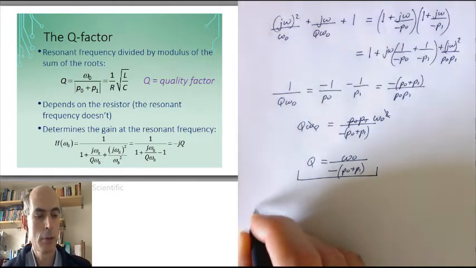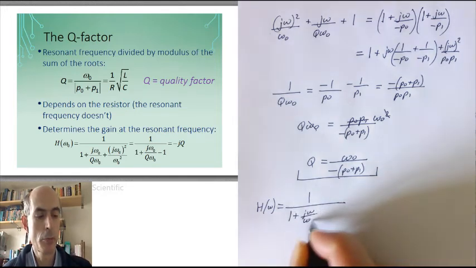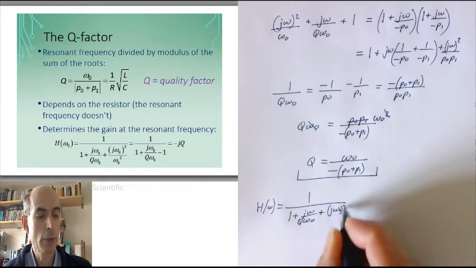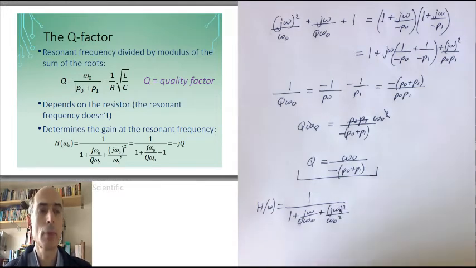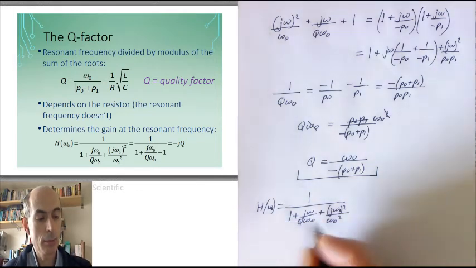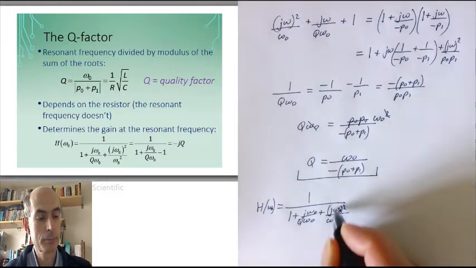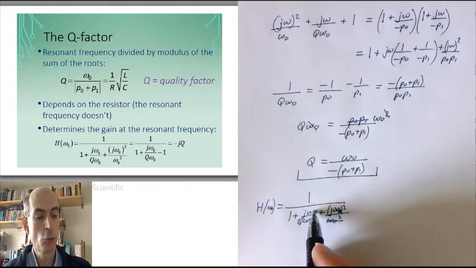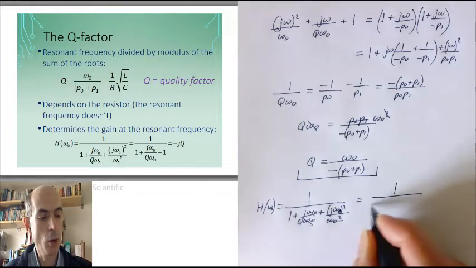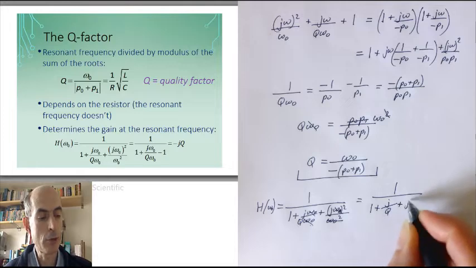The frequency response of this circuit is 1 over 1 plus j omega over omega naught Q plus j omega squared over omega naught squared. If we're actually at the resonant frequency, then the omega naught squareds here cancel out, the omega naughts here cancel out, and we're just left with 1 over 1 plus j over Q plus j squared.